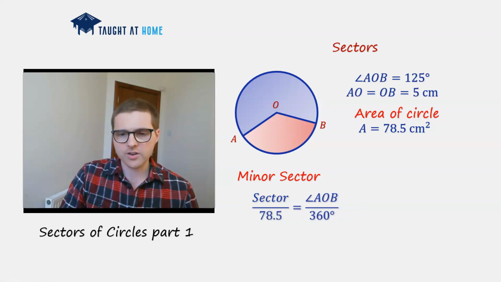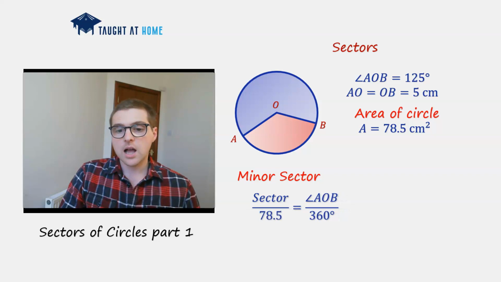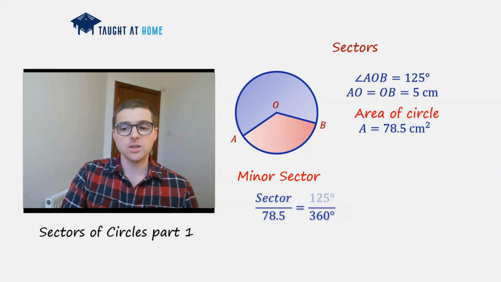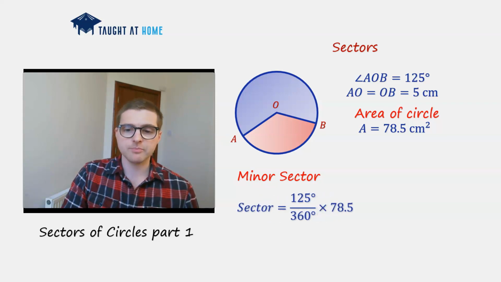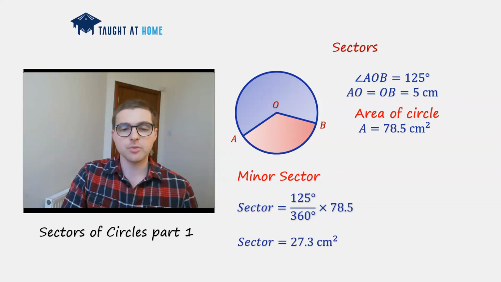So we can plug in the area of the circle, and we can plug in the angle at the center. And just like before, what we're going to do is multiply both sides by 78.5, and in your calculator you'll get a sector of 27.3 centimeters squared.